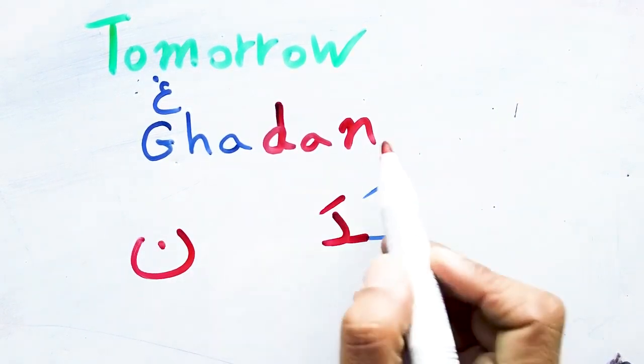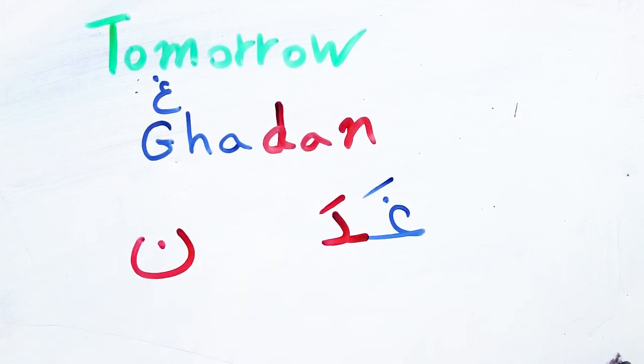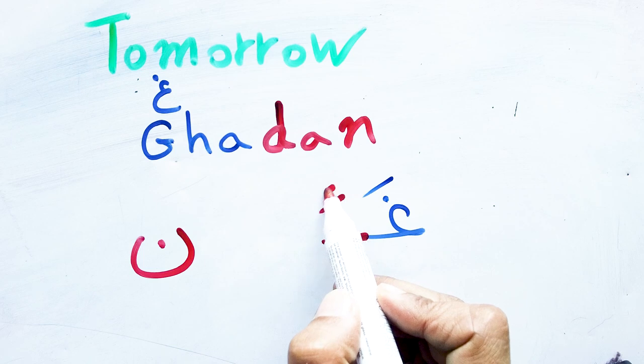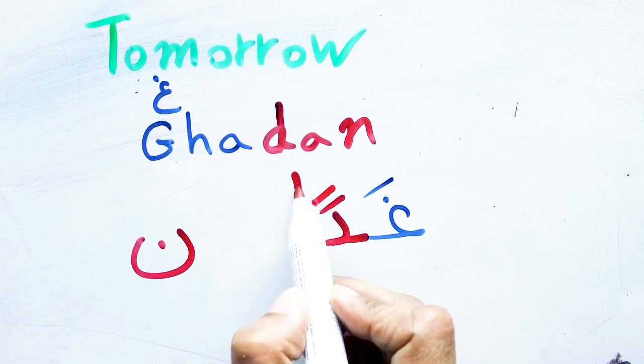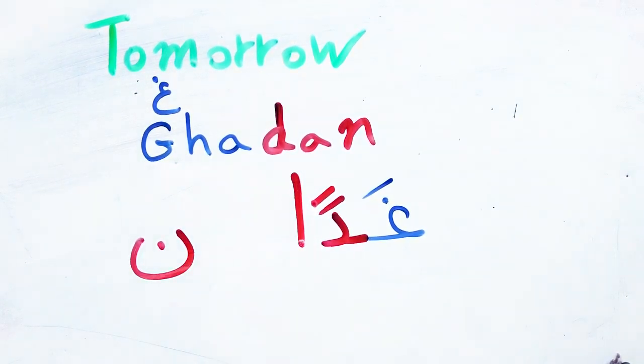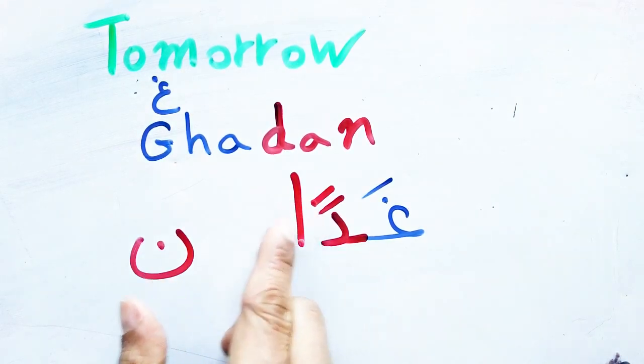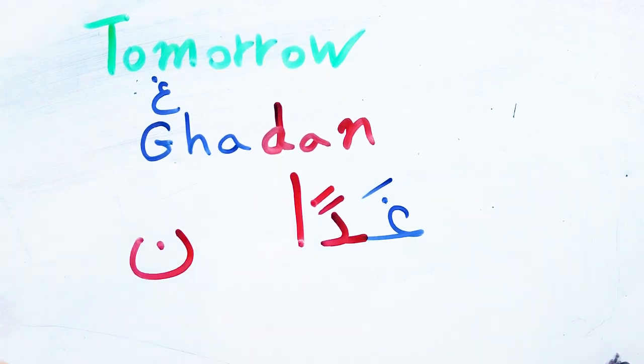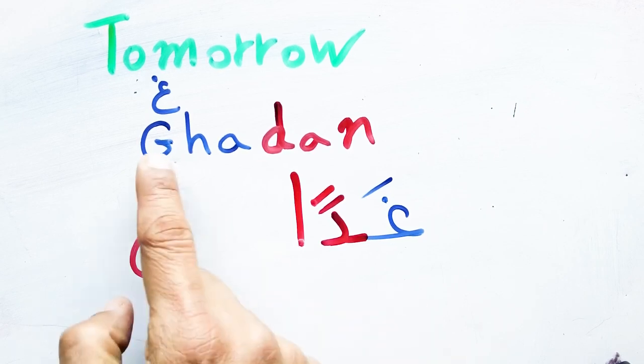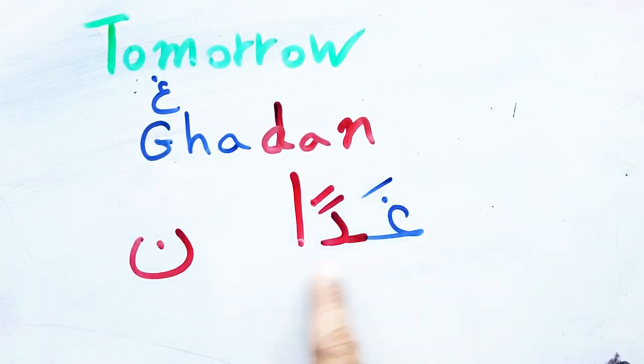This noon sounds like N, but we're not going to write it now. We have another rule here: I'm going to add another fatha and alif. When you find this combination, any word in Arabic that has in the end two fathas and the alif, we pronounce noon. We add the sound of noon to the end of the word. So that's why we say ghadan.